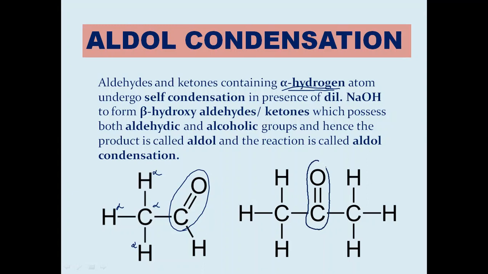This is the carbonyl group and there are two alpha carbons, that is, two carbons which are attached to the carbonyl group. Both are alpha carbons and the hydrogens attached to these alpha carbons are nothing but alpha hydrogens. I have given these two examples. This type of carbonyl compounds which contain alpha hydrogens will undergo this aldol condensation.